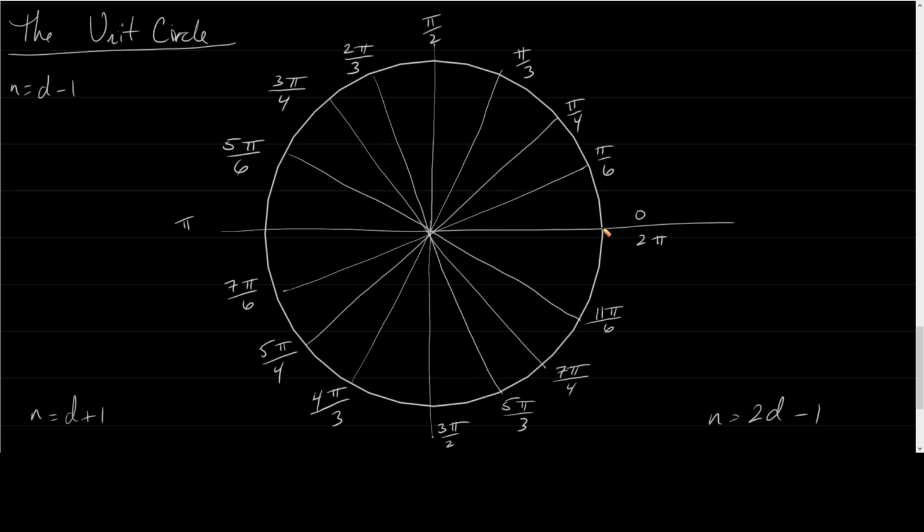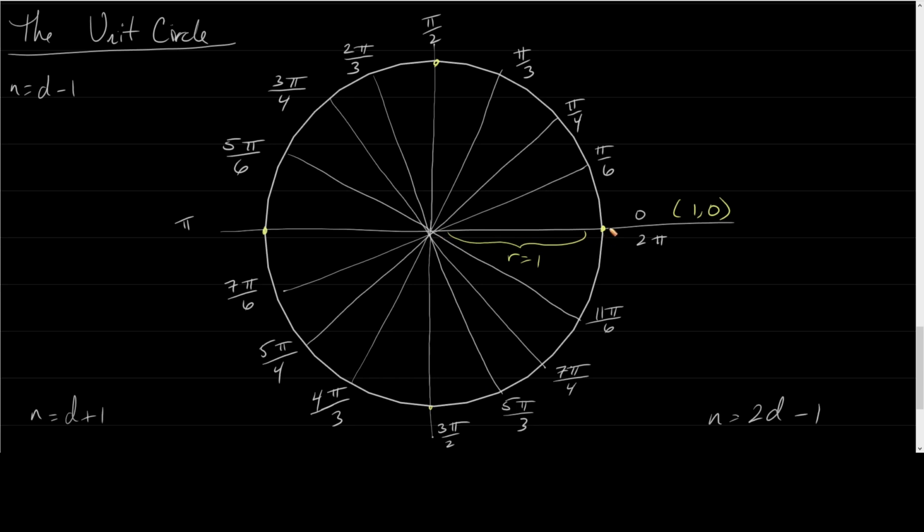But first, let's talk about what happens at the 4 intercepts here. Over here at angle 0 or 2 pi, we have the coordinate 1, 0. It's a unit circle after all, meaning that the radius is 1 unit.